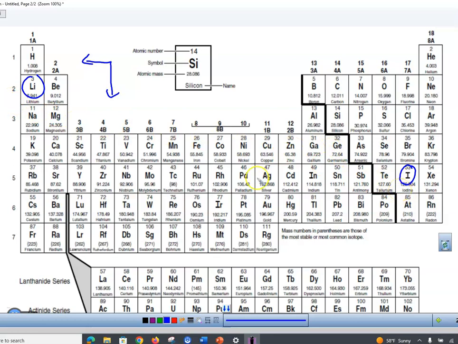What's going to be more important is the energy levels. Iodine has 5 energy levels, and then lithium only has 2. So this rule is more important than the left-right. The left-right rule, which means it's larger this way, is only if it's on the same period. Okay, so only if it's sitting on the same period would we need to care about the left-right rule.